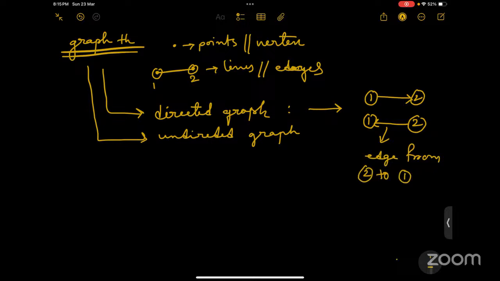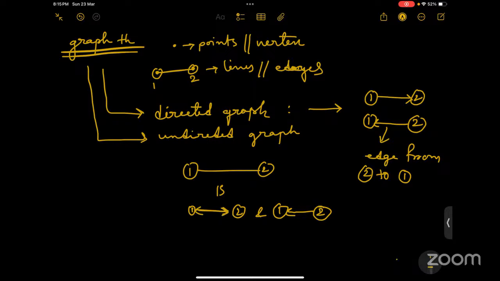And what is an undirected graph? You just join them by a simple straight line, right? Correct. If I have two different vertices and I just join them with a straight line, this is an undirected graph. This actually means we have an edge from 1 to 2 and another edge from 2 to 1, so both sides we have.